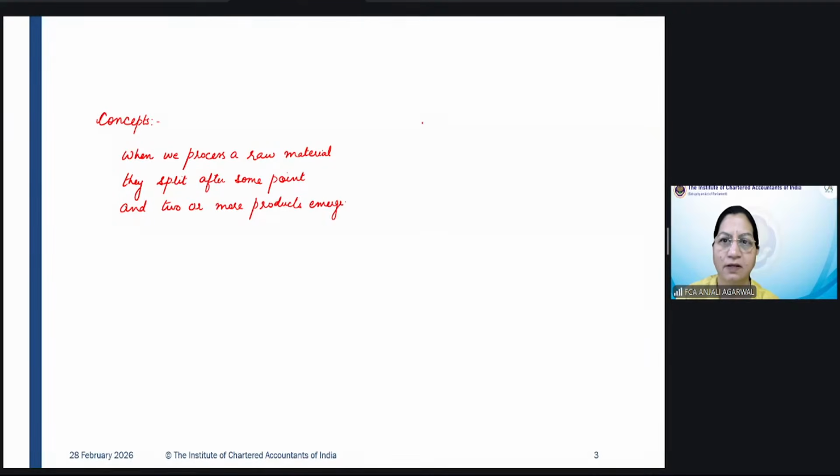So it's like here is a raw material and you put it through a process.